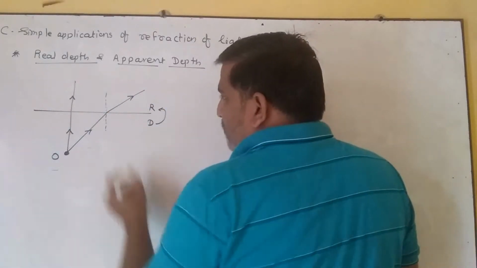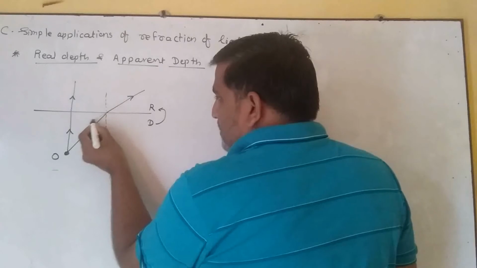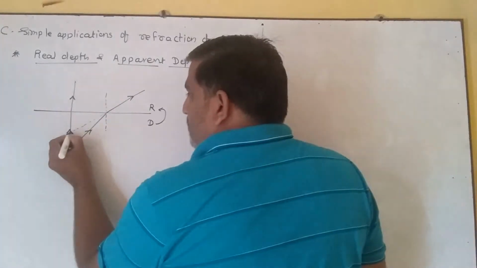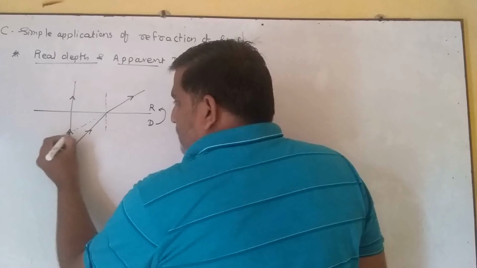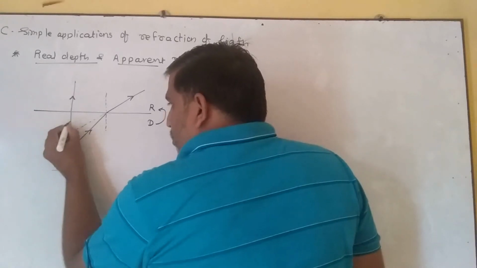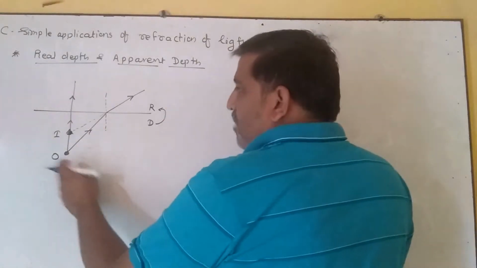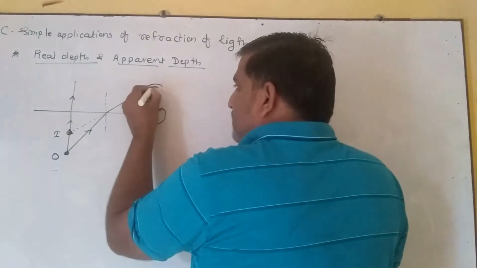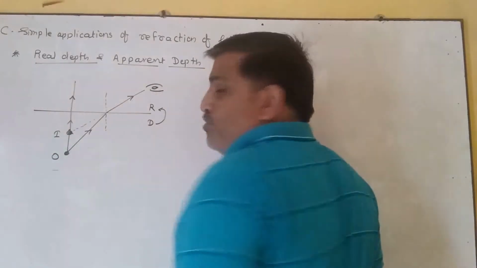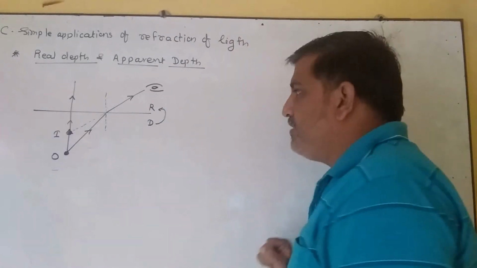Now as I back-produce this ray, I find that this ray meets the initial ray at, say, point I. So the object which is at O, when seen from the rare medium, looks to be at position I, right?